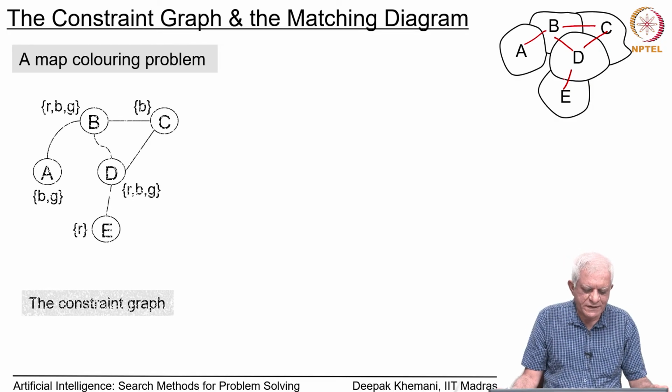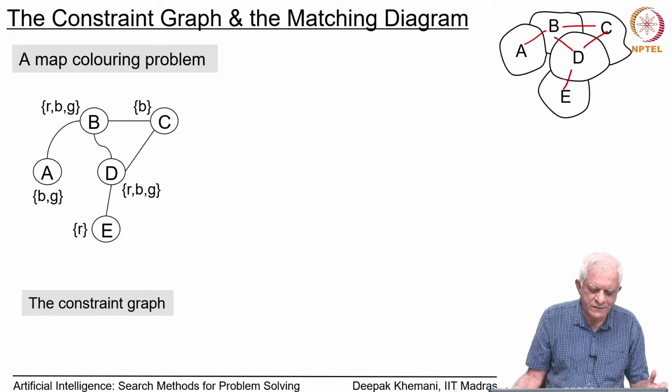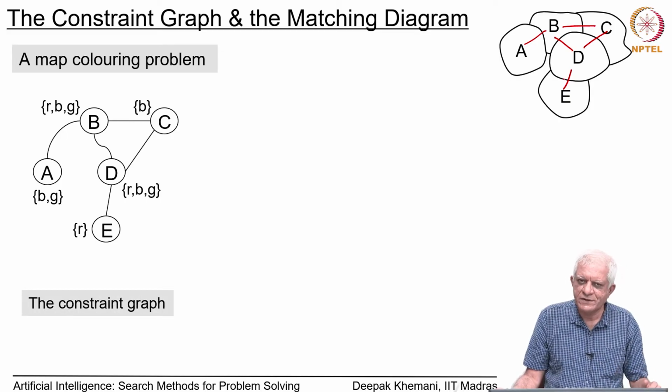So, we often represent this as a constraint graph. As you can see, the figure on the right I have converted into a graph, where again there are the same 5 nodes A, B, C, D, E, and each region has its own domain.